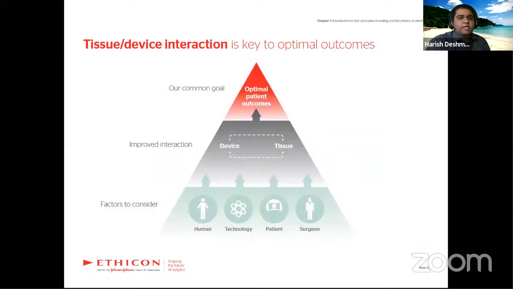Our common goal currently, whether it is Ethicon or a surgeon, is the optimal patient outcome. So what we do is work to improve the interaction between the tissue and the device, whichever device we use. Factors which have to be considered are, definitely, the human.